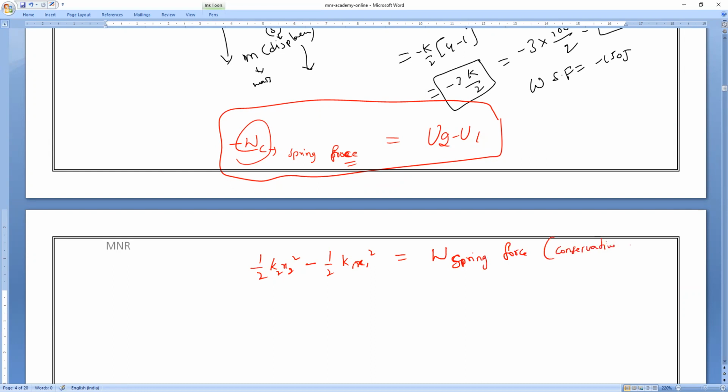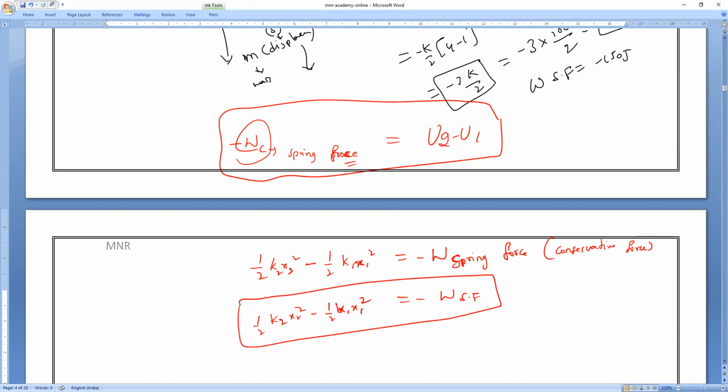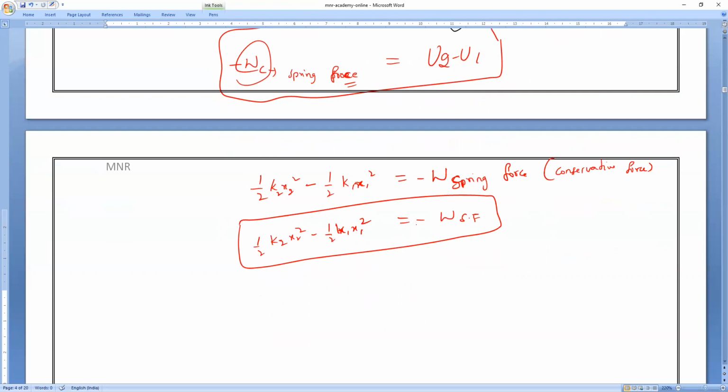It is an example of a conservative force. So I will replace it: the formula is half K2 x2 square minus half K1 x1 square, which is equal to minus of the work done by what force? Work done by the spring force.